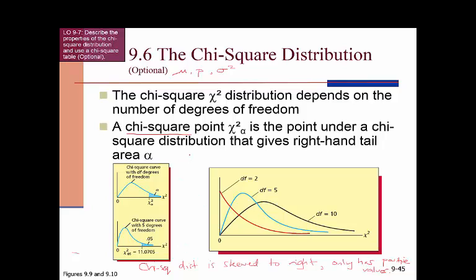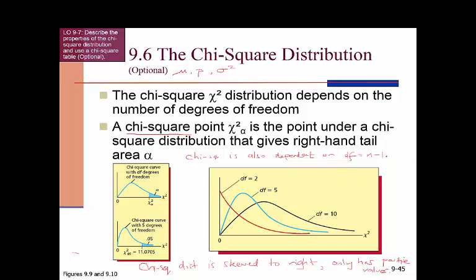Okay, so the chi-square distribution is also, just like the t-distribution, dependent on degrees of freedom, which is n-1.